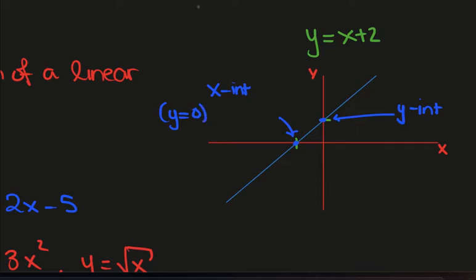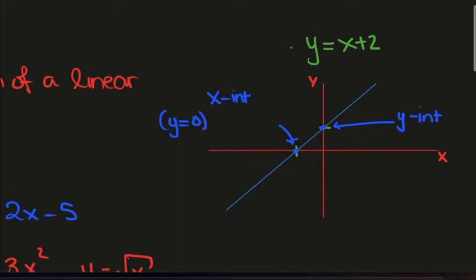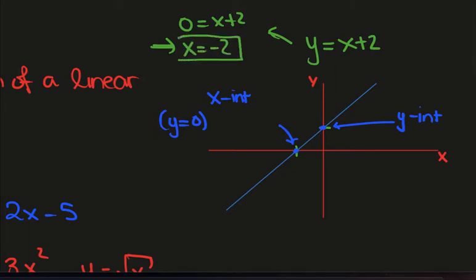And if we do that, what we'll find is that 0 equals x plus 2. And then using our knowledge from the previous videos, we know that x equals minus 2. So the coordinates of this x-intercept are minus 2, 0.